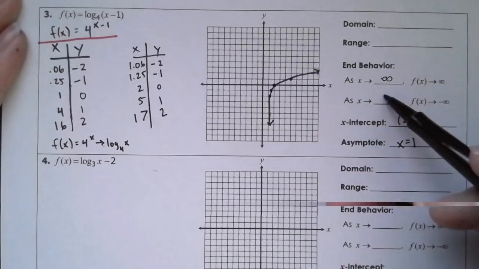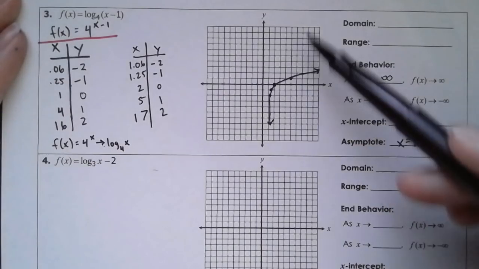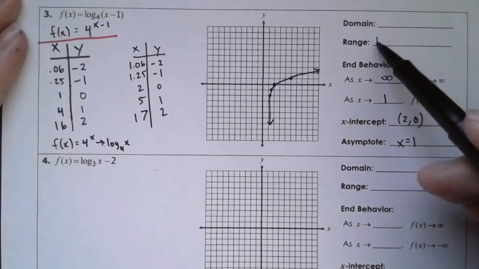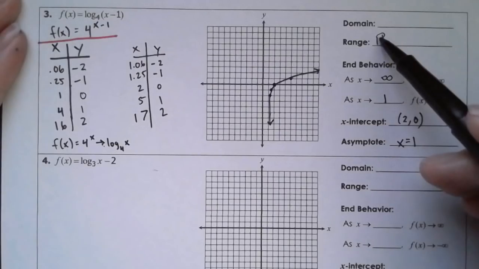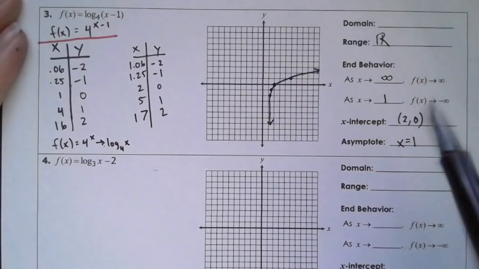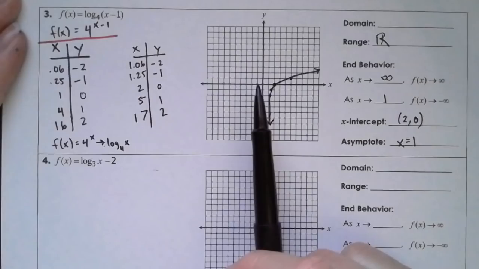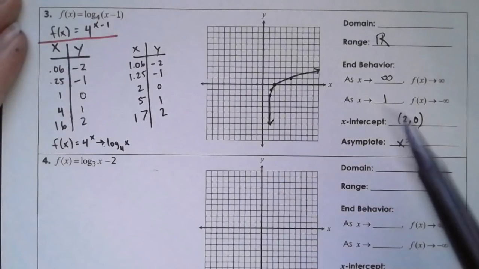My range goes up and down everywhere, so it's all real numbers. And then my domain, you can see from the asymptote, is to the right, but x equals 1 is not included, so my domain is all x's greater than 1.